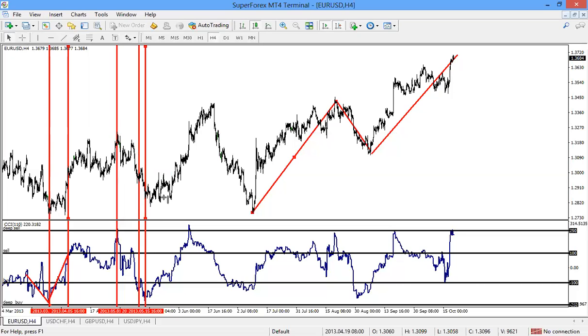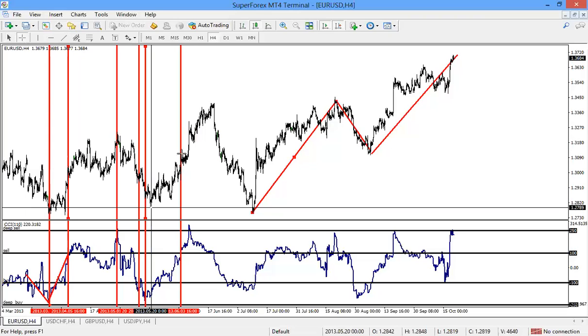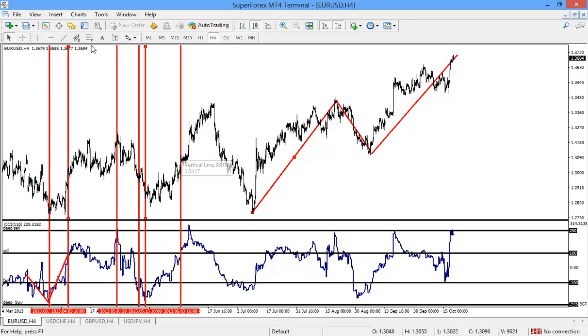You press your buy and you buy up to around here. You could have enjoyed 67 pips. So can you see all this money? Here it could have told you to sell from here.